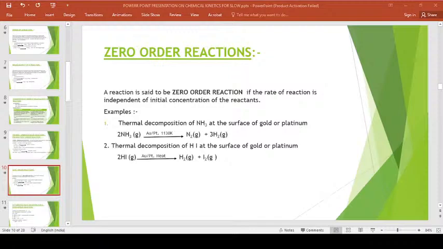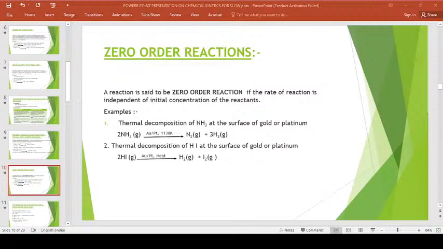So the integrated rate equation for a zero order reaction is K equal to 1 by T whole into R naught minus R. You have to take the difference of the initial concentration of the reactant and the concentration of the reactant at any time T, and that will give the rate expression.